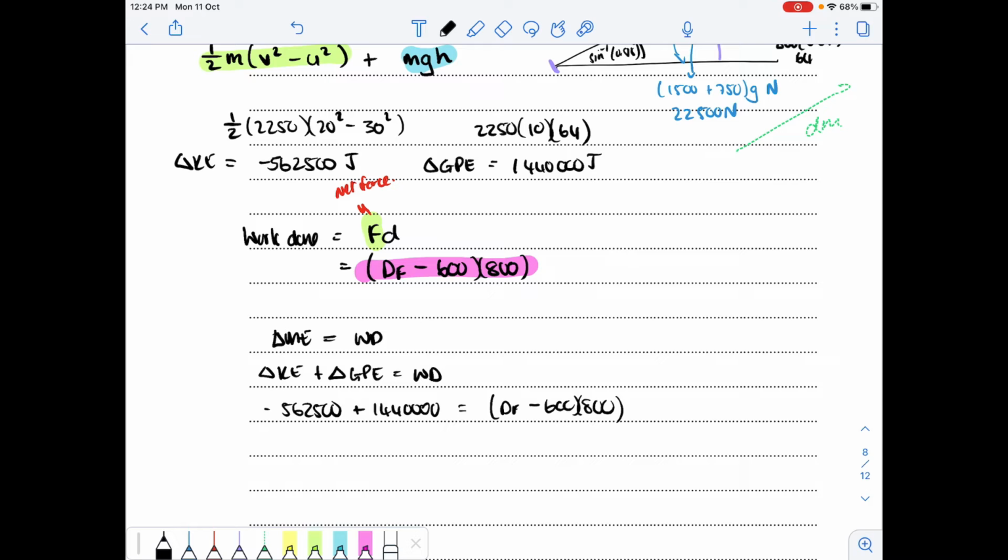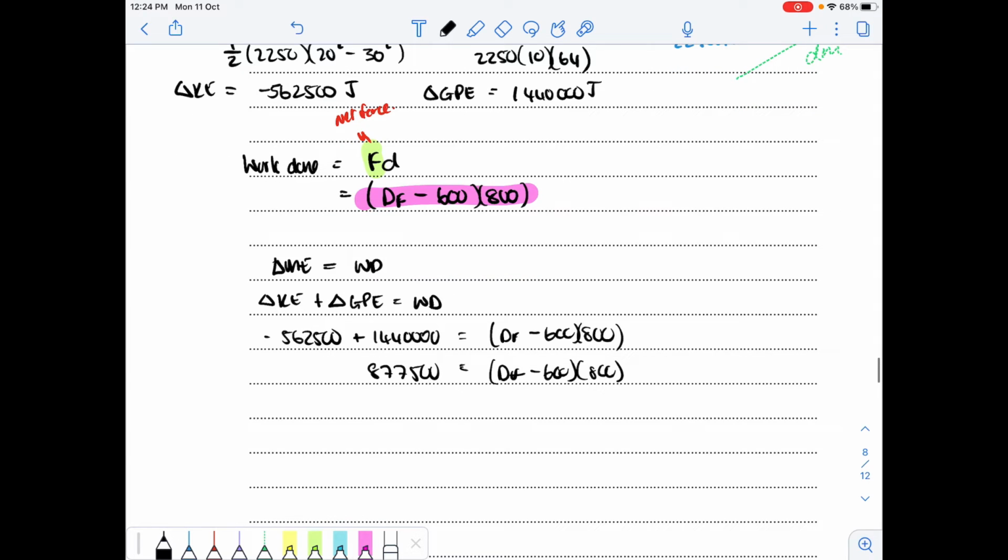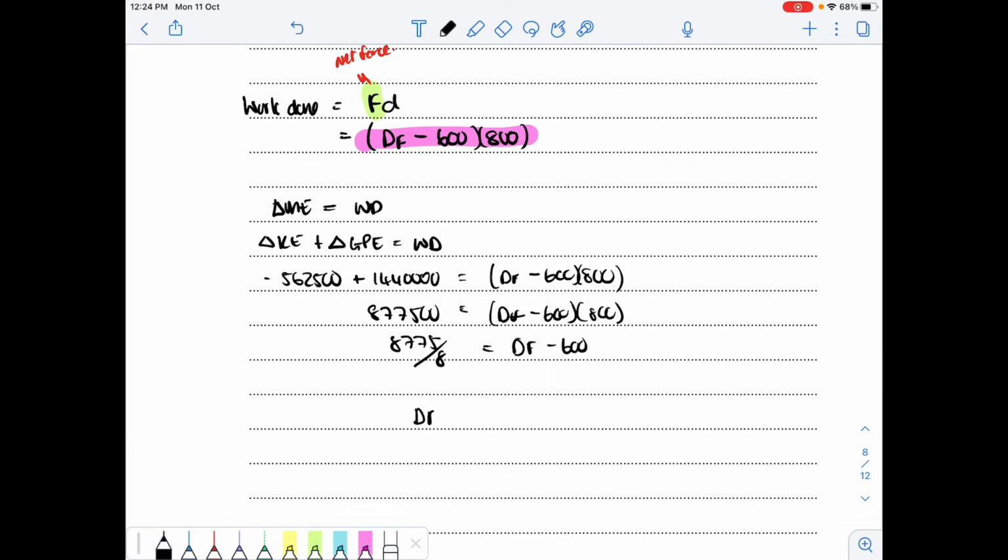And now we can just solve. Right, so we'll get 877,500. So we can divide both sides by 800. We'll get 8775 over 8 equal to... so the driving force is equal to, we're going to add 600.